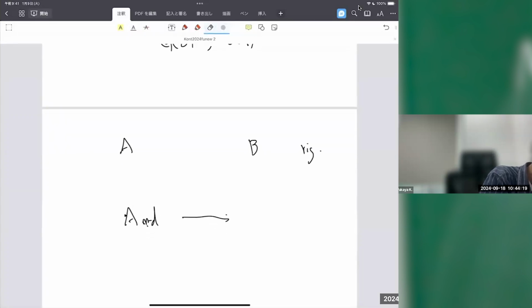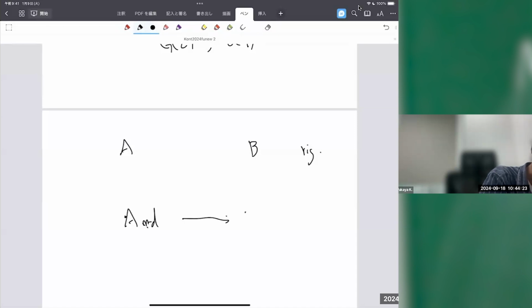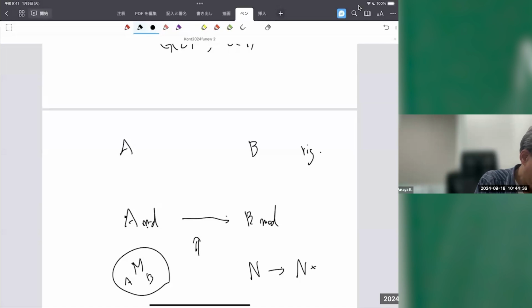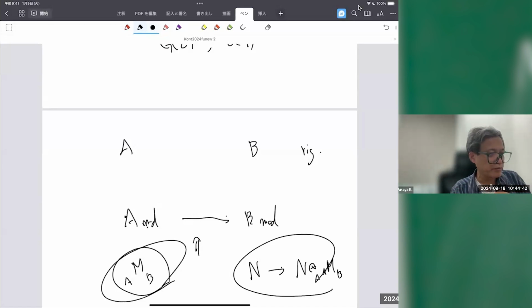So you want to define a functor from A-modules to B-modules. Then you can do this if you have a bimodule M, A, B, right? Just N goes to N tensor over A of M. So what we need is to obtain this bimodule.